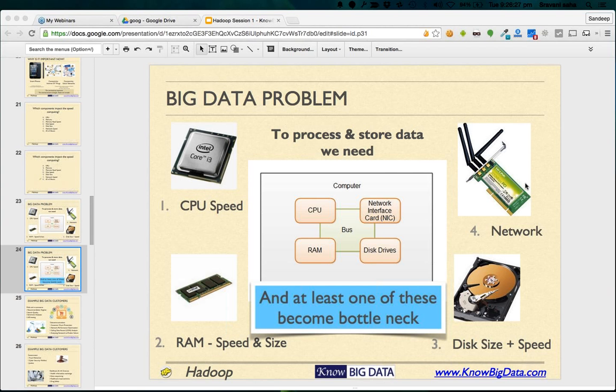It's very important to understand that other than the CPU, there are other components which become the bottleneck. The CPU is the last thing that becomes a bottleneck when you do the computing. Only in the case of variety, the last one of the V's, when you have to do the computing of complex graphs, complex maps, or where a lot of conditions need to be checked, only in those cases does the CPU become the problem.